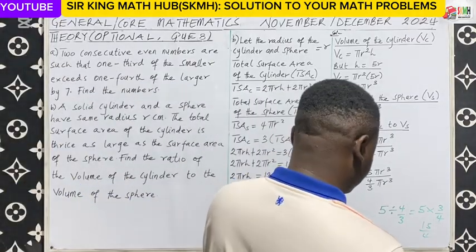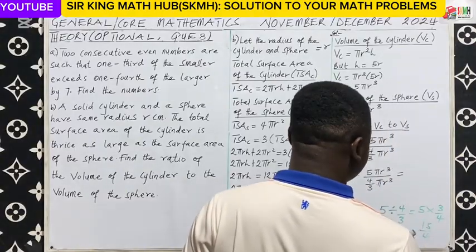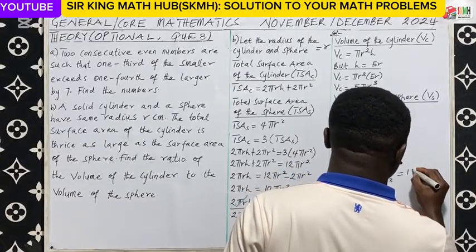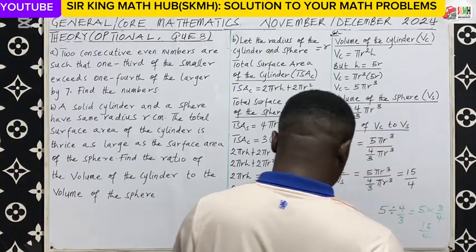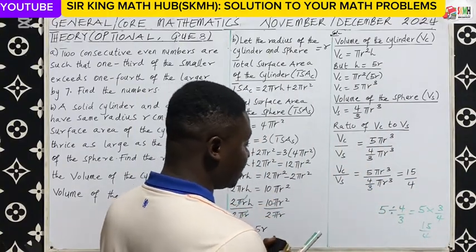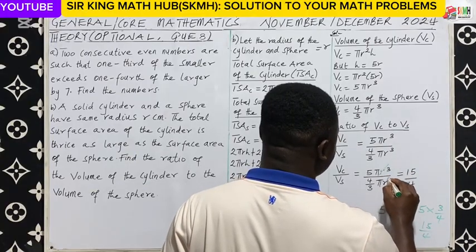So for the numbers, we have 15 over 4. But see that pi r cubed will cancel out pi r cubed.